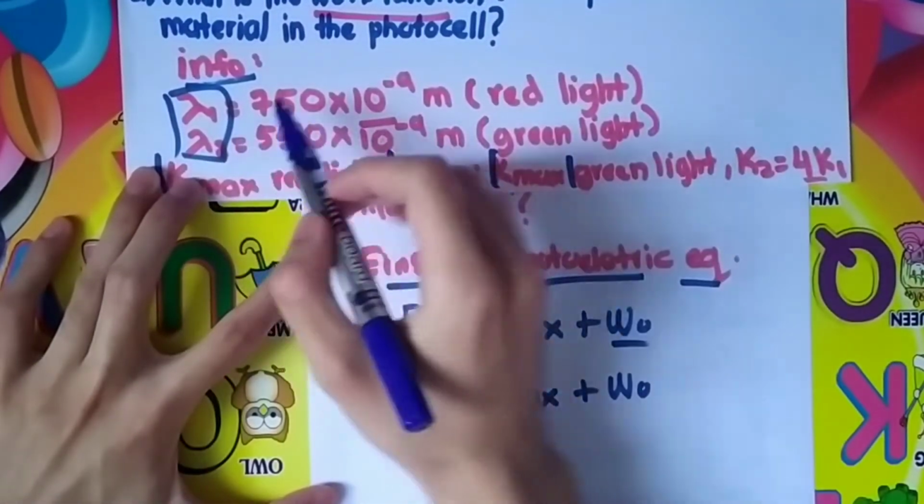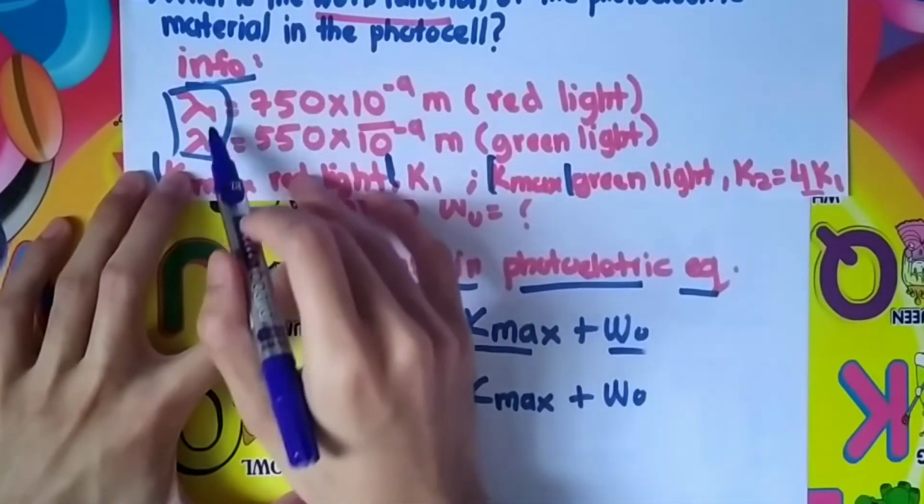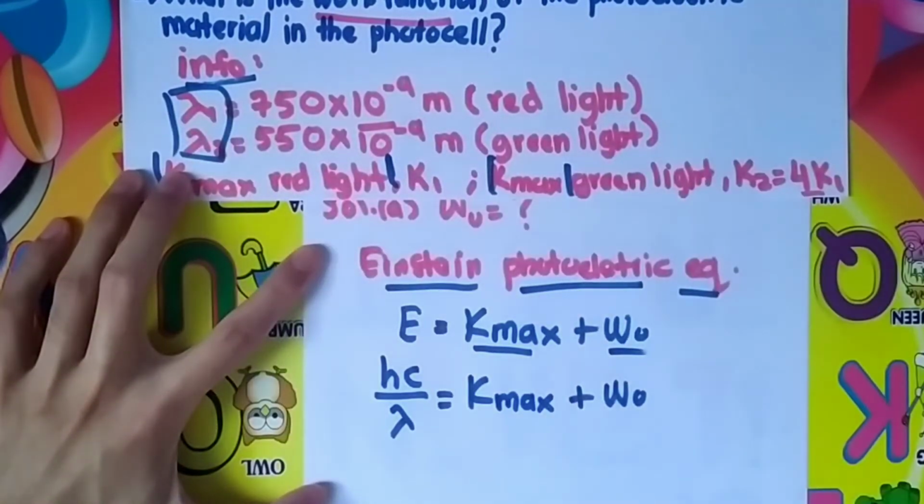From the information just now we have 2 lambdas, which means we have 2 equations.